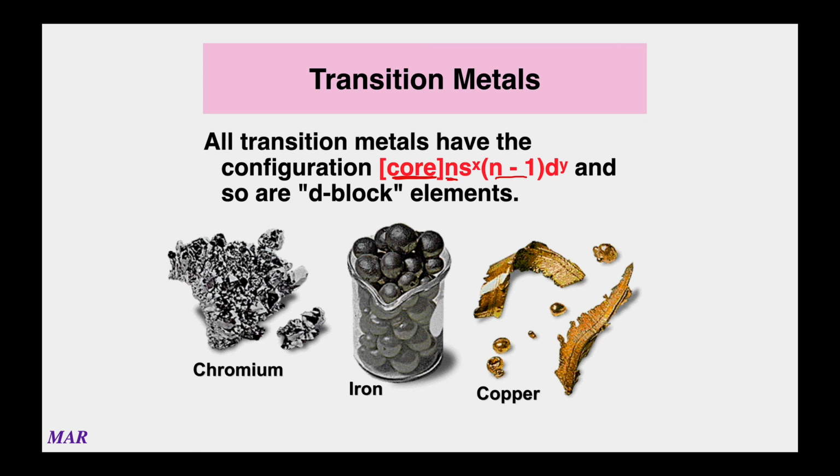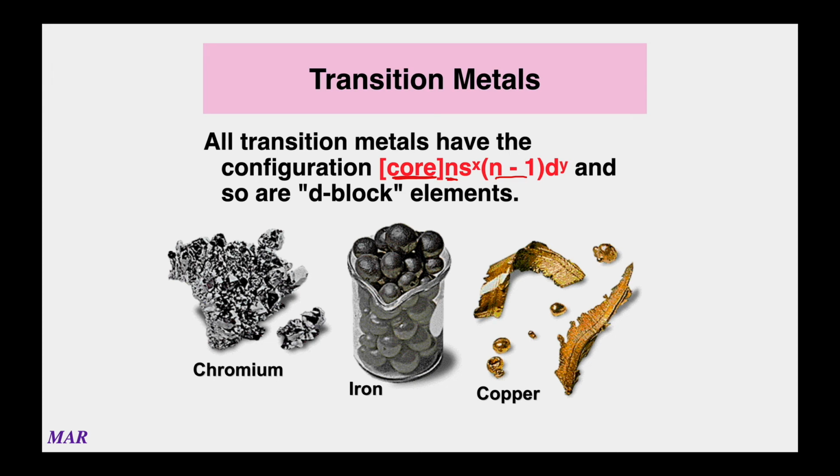So, for example, if you wanted to know the electron configuration of titanium, Ti number 22, it has an argon core, it has a 4s2, and the n comes from the period number, which is 4, to the number to the left of that whole group, and then n-1, 4 minus 1 would be 3.